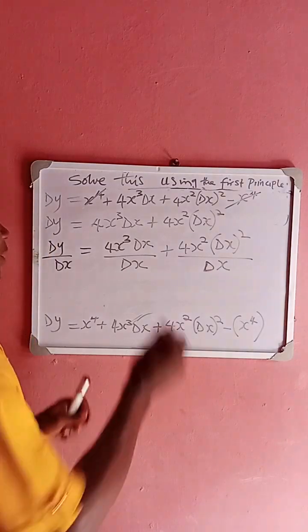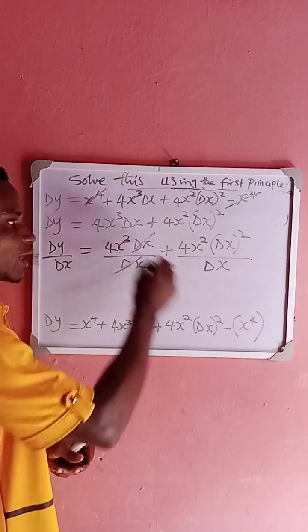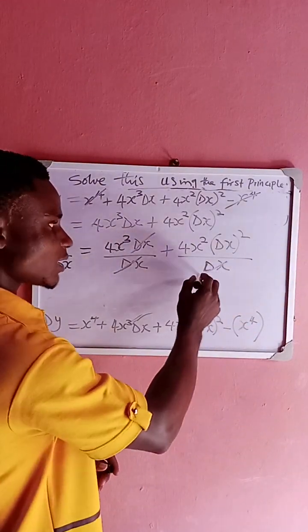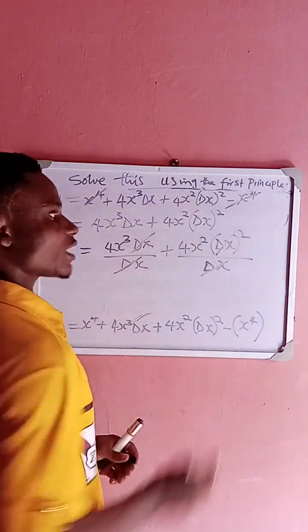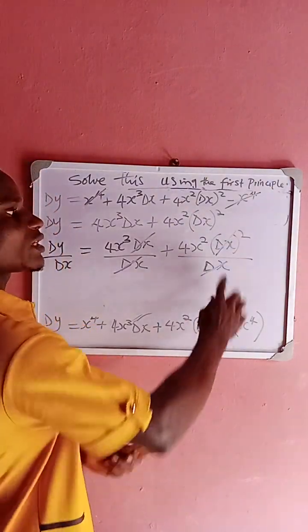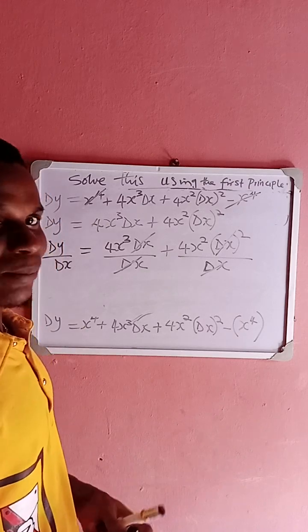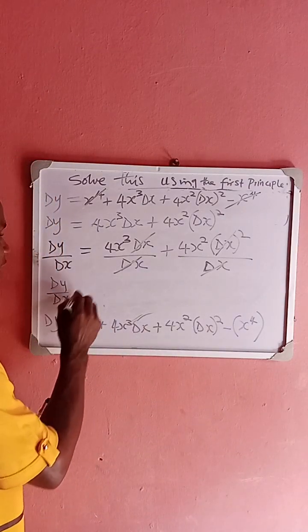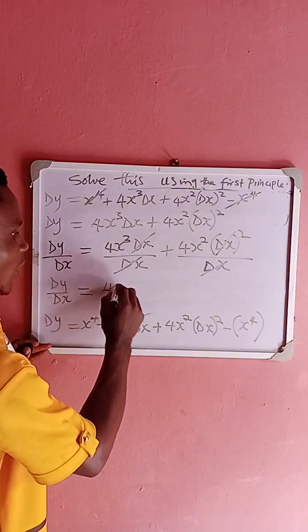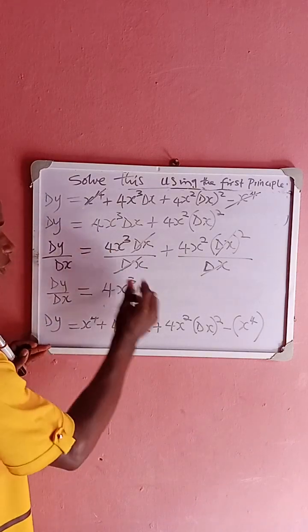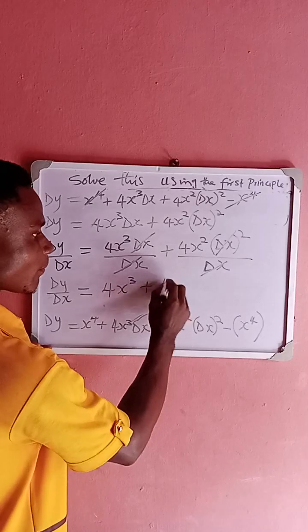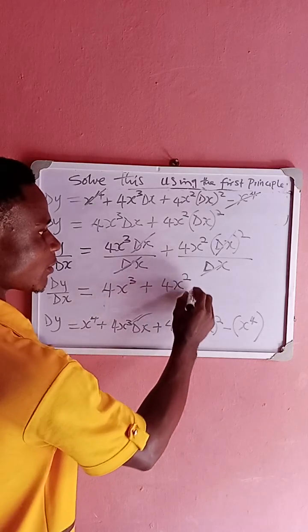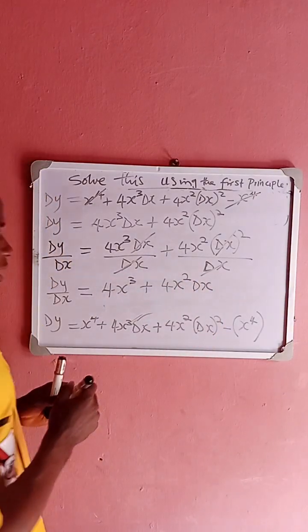Then from here, we cancel change in x, we cancel change in x here now. So here, we remain with one change in x. From that place, what do we have to do? We have change in y all over change in x is equals to 4x raised to the power of 3, then plus 4x raised to the power of 2 change in x.